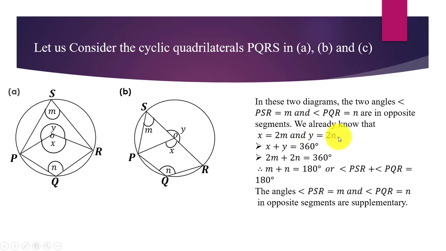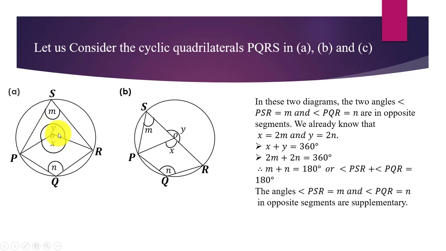Okay. Also, angle X and angle Y are angles at a point, and we know that angles at a point sum up to 360 degrees.